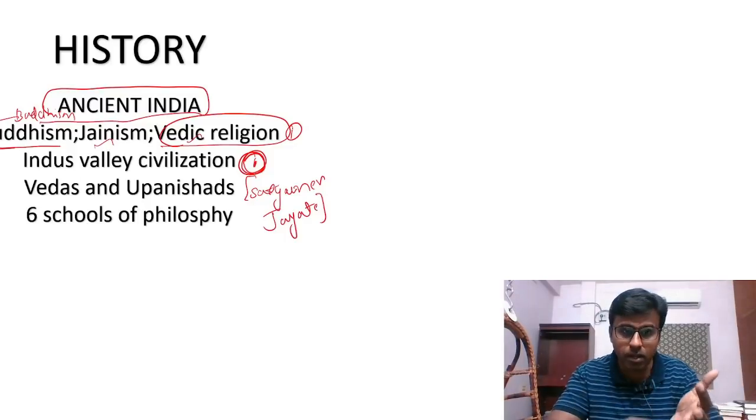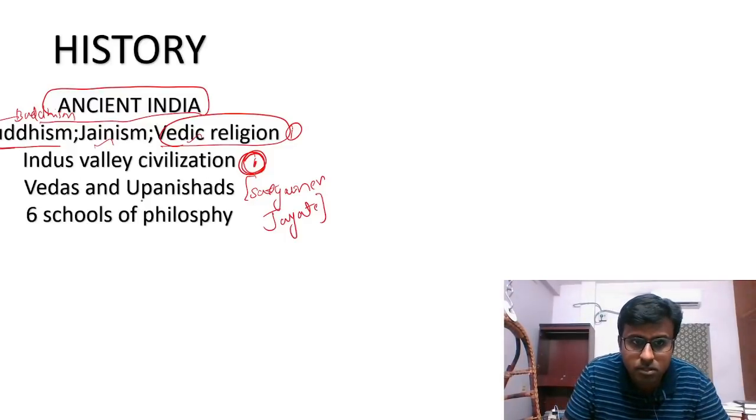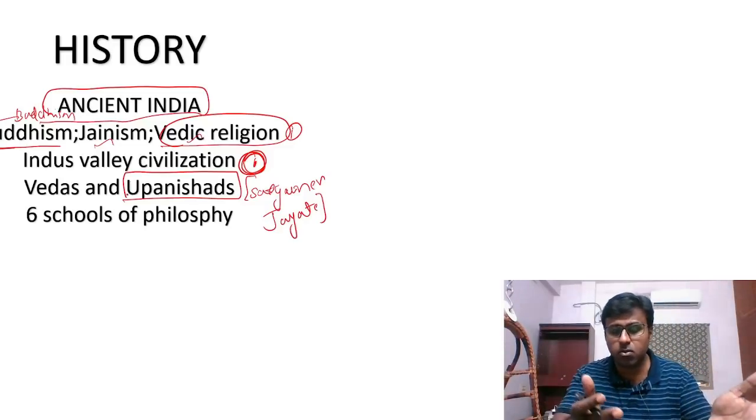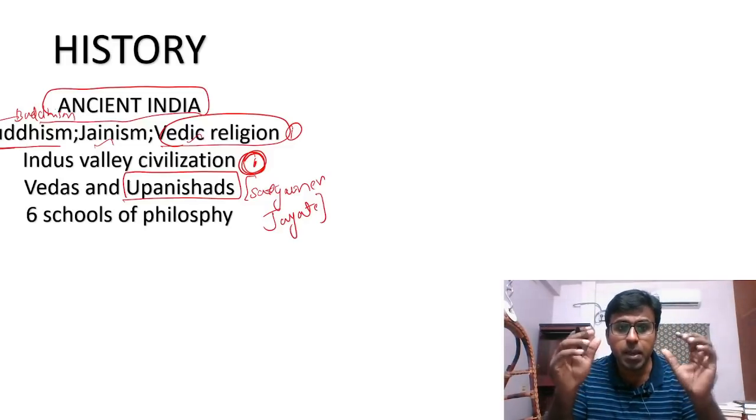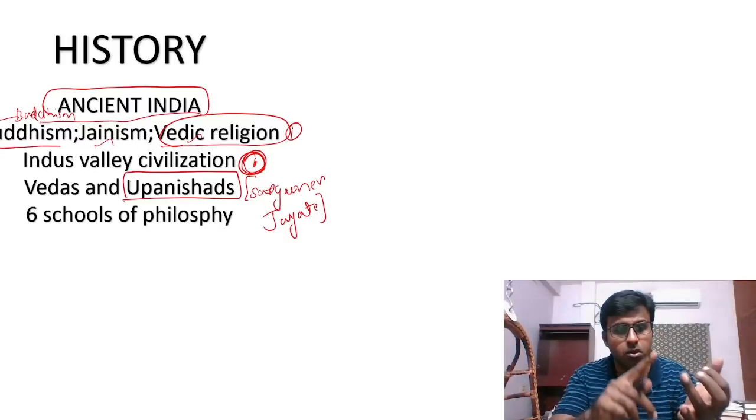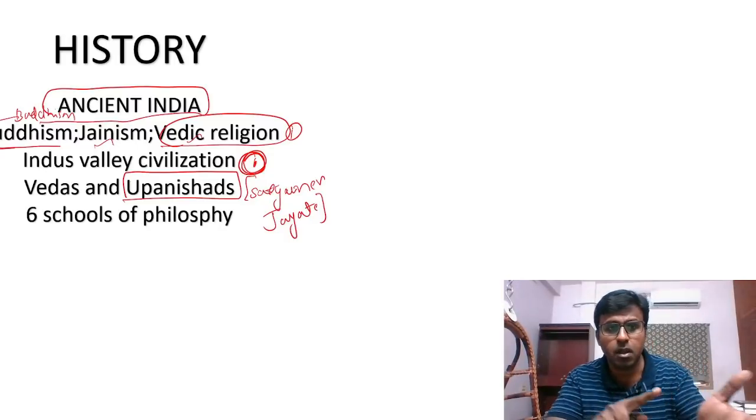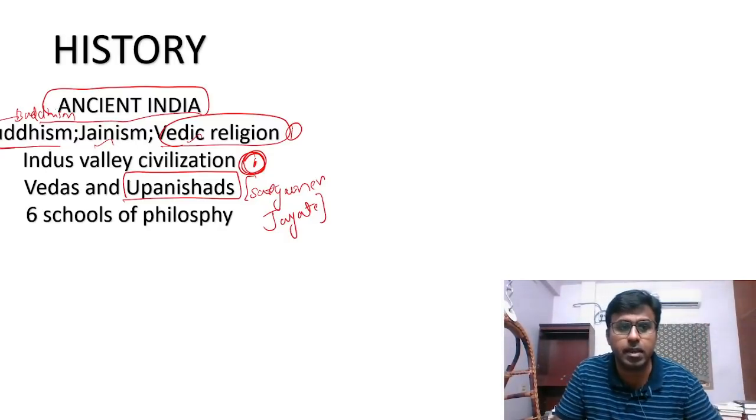Chandogya Upanishad, Mundaka Upanishad. Please check all these important Upanishads. There are so many Upanishads, you cannot read everything. I am saying important Upanishads. What is the Chandogya Upanishad? What is the Mundaka Upanishad? How many mandalas are there in the Vedas?